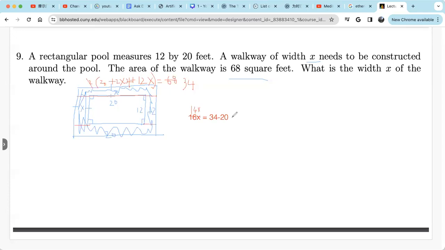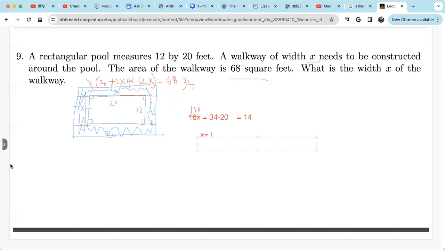And 34 minus 20 is 14 too. So divide by 14 on both sides, x equals 1. So to answer the question, what is the width x of the walkway? It's 1 foot.